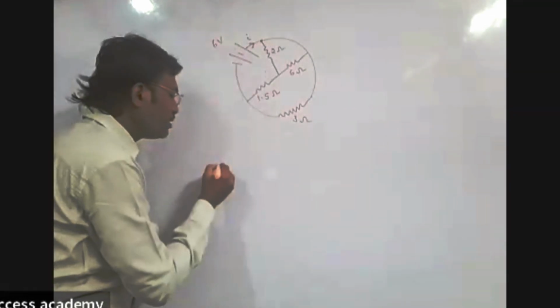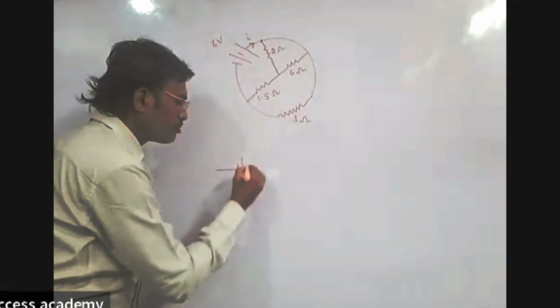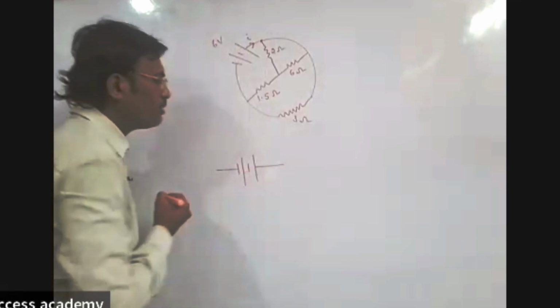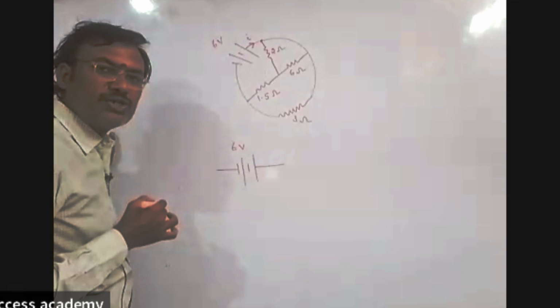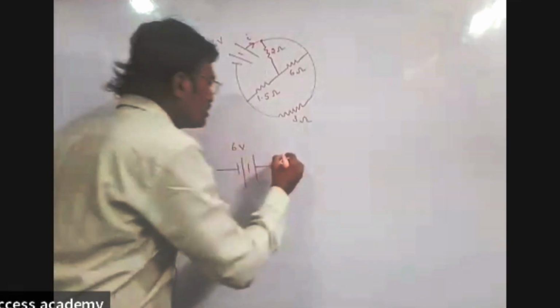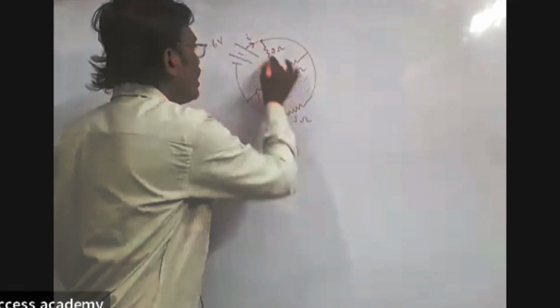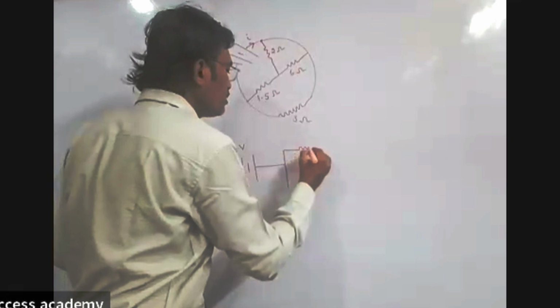First take the battery. I consider the battery like this, 6 volt. No complication. From the 6 volt, at first a 2 ohm is connected.